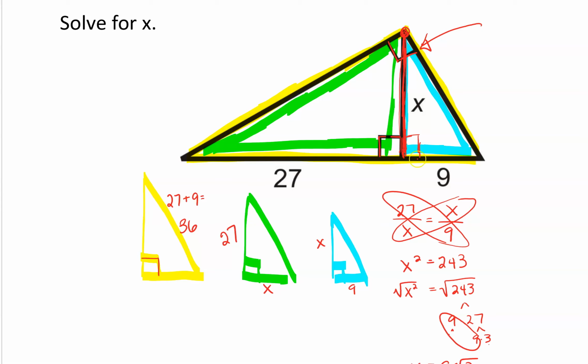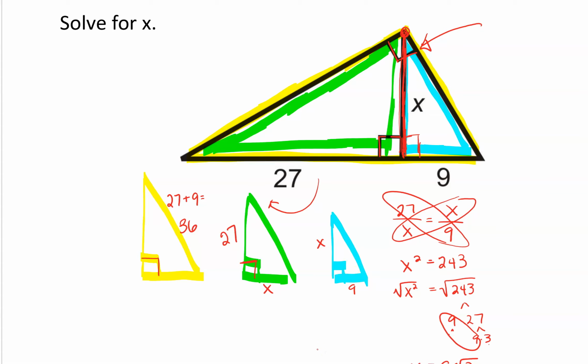It's 27 and 9, but you add that, so the entire hypotenuse would be 36. For the green triangle, I've rotated that around this way, and now its right angle is in the bottom left corner. So its legs would be 27, and x is what you've been given there. And then the blue one's facing the same way, so a leg and x.